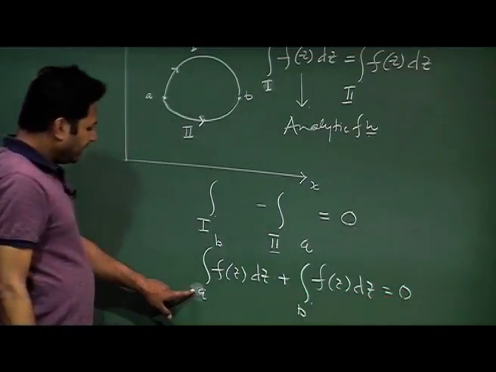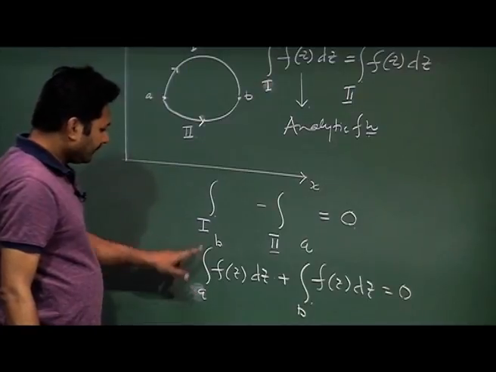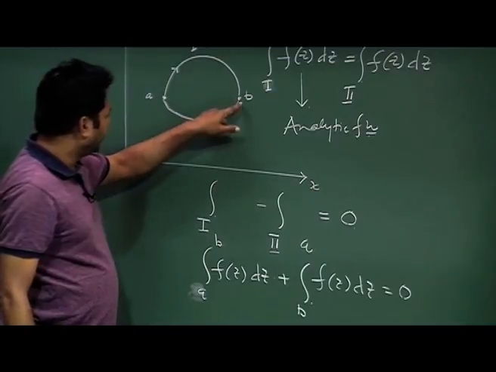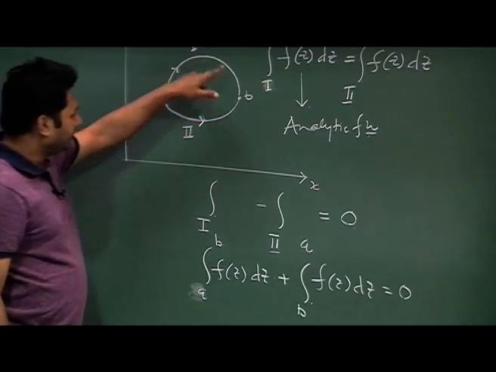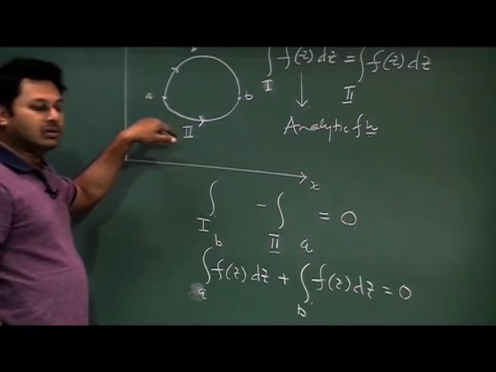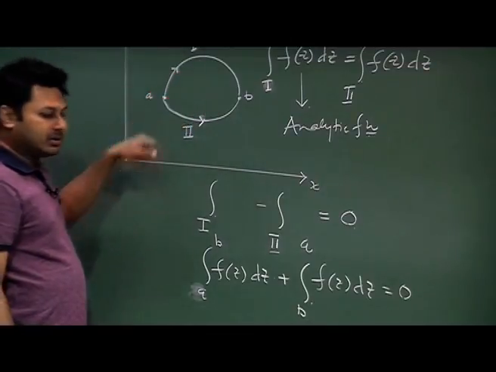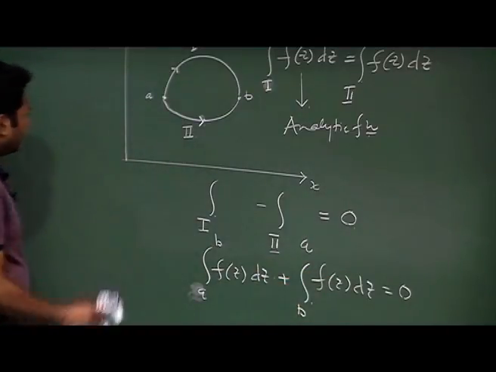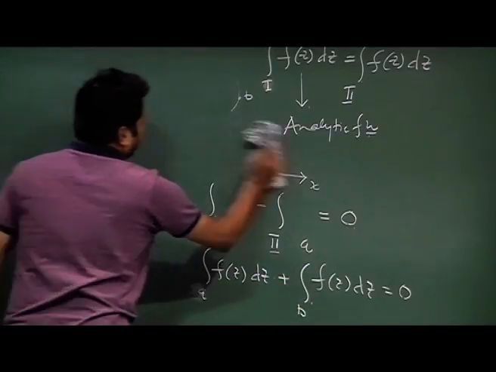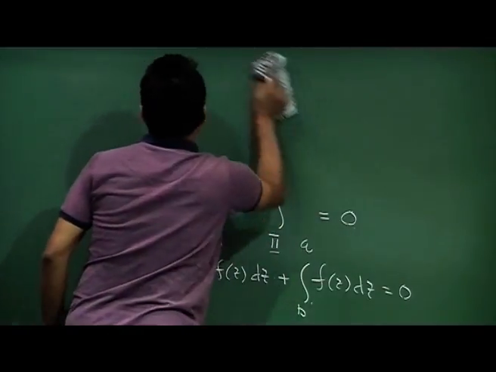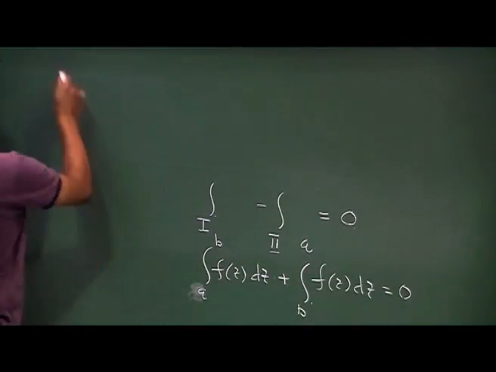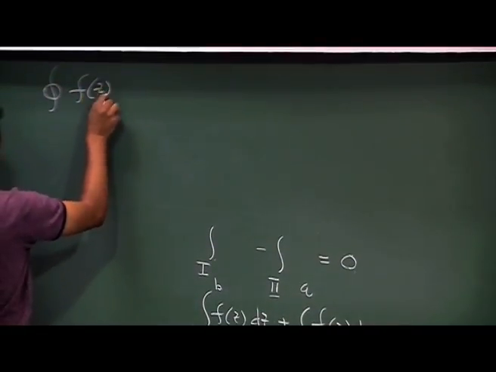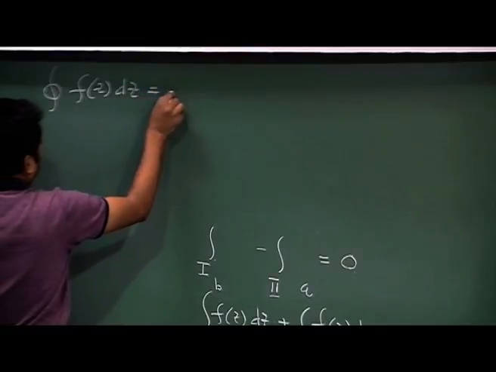That means eventually I am coming back to my original position a. I start here, I go here and return back to this. That means I am completing a closed loop. When I complete a closed loop, I find that my integration is 0. So, if I write the complete form, the closed integral of f(z) dz is equal to 0.